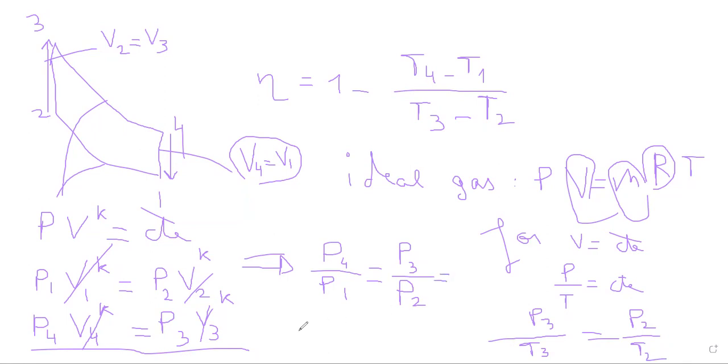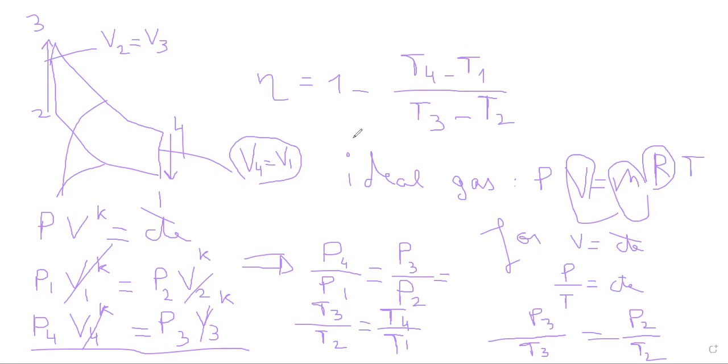So this is equal to T3 over T2 and equal to T4 over T1. Okay? But until now, still, it's not very clear how to relate to epsilon and K, but at least I was able to relate the pressure variation to the temperature variation. And I can see that I need ratios. If I can figure out ratios in my expression here, I can reach what I want.